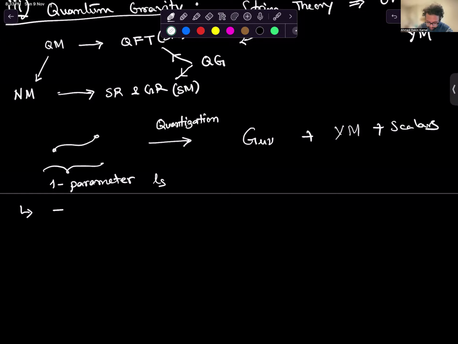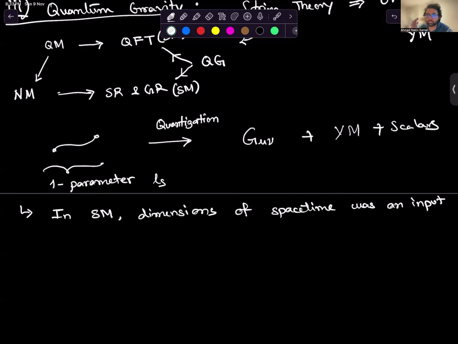And more interestingly, in the standard model, as I was saying, or as we fixed before, the dimension of spacetime was an input of our theory. There were many inputs, and the dimension of spacetime was an input. That is, we fixed the dimension to be 4. But what happens in string theory is that the dimension is forced by or fixed by consistency of the theory.